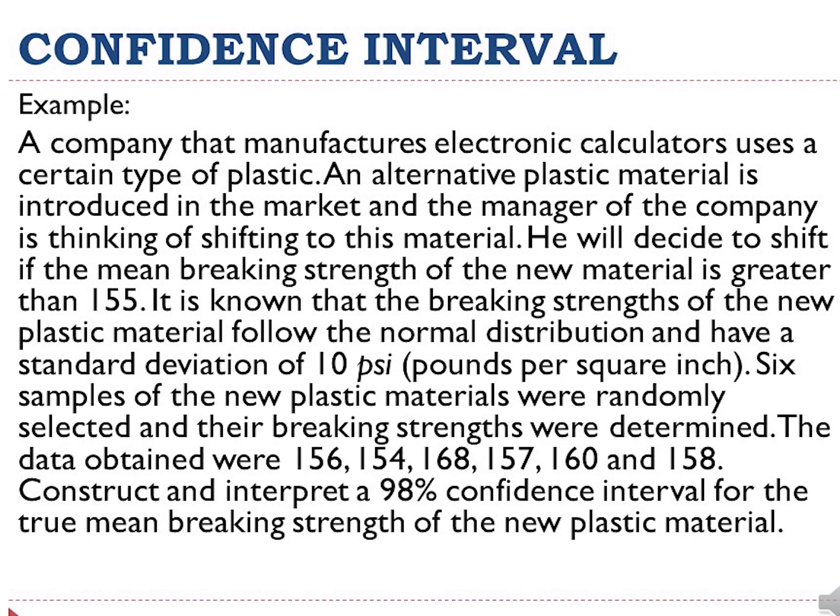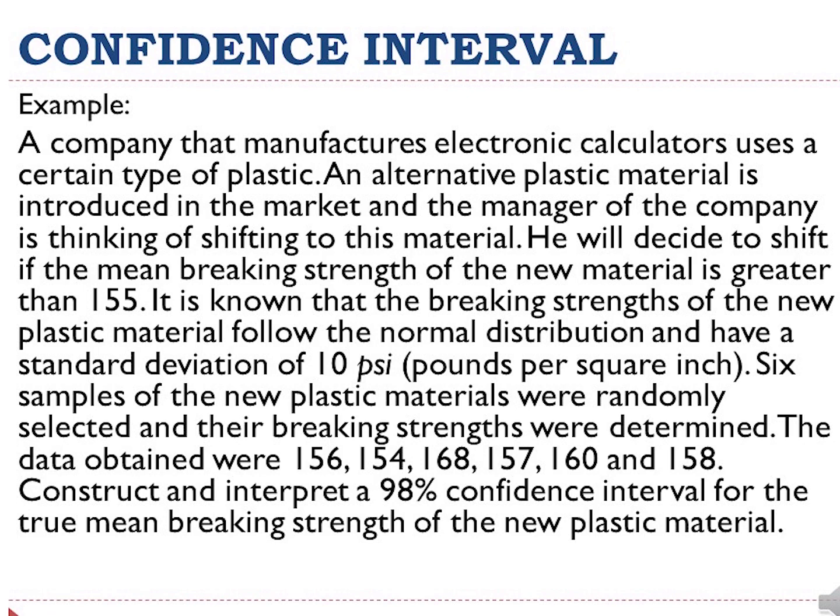It is known that the breaking strengths of the new plastic material follow the normal distribution, so it's normally distributed, and have a standard deviation of 10 psi, pounds per square inch.